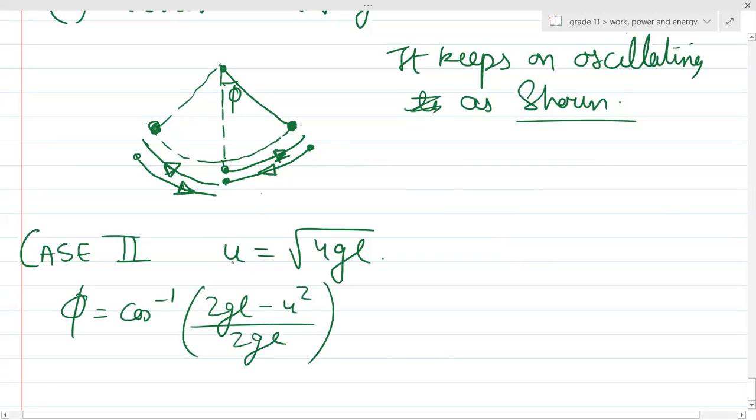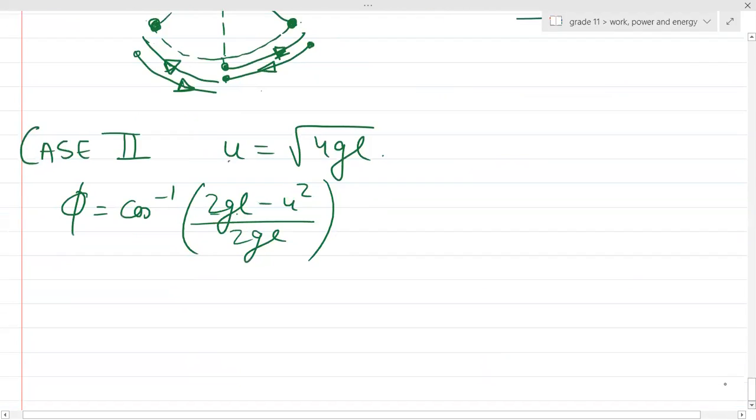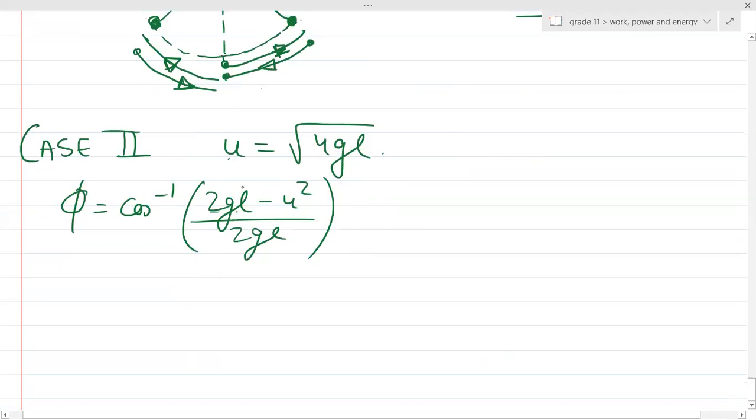If I put u as under root of 4gl, that implies u square is 4gl. So 2gl minus 4gl will be how much? Minus 2gl, yes or no? So that minus 2gl and 2gl will get cancelled out, and this will be cos inverse of minus 1.